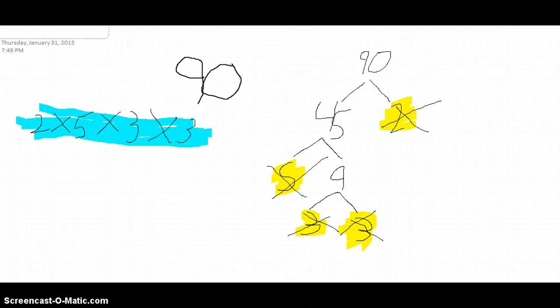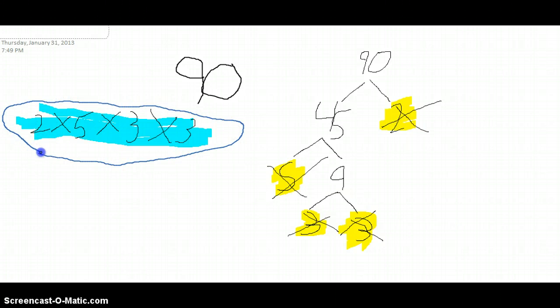And then if you wanted to write our prime factorization in exponents, you see that we have 2 3's. So there are our 2 3's.